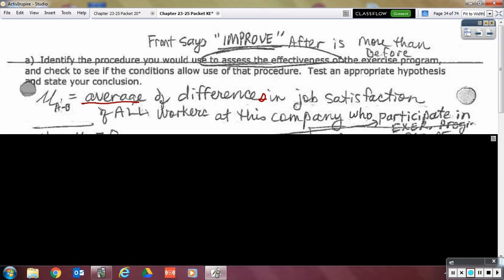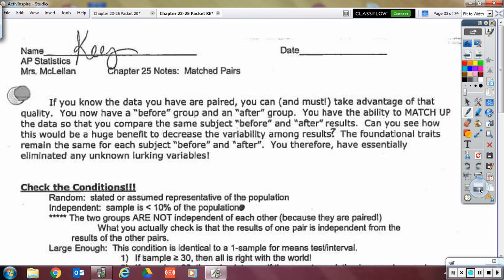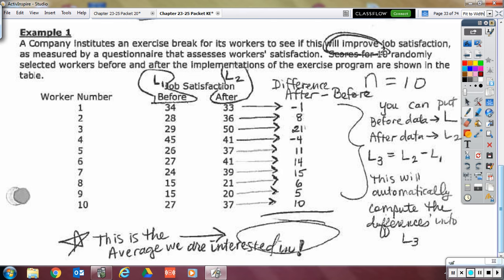Now let me tell you why it makes sense to do the after minus the before. It has to do with the sign that you get, whether it's a positive or negative number. So for example, down here on this previous page, look here. 30 to 33 went down 1.